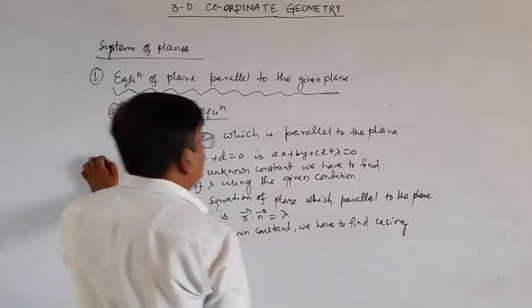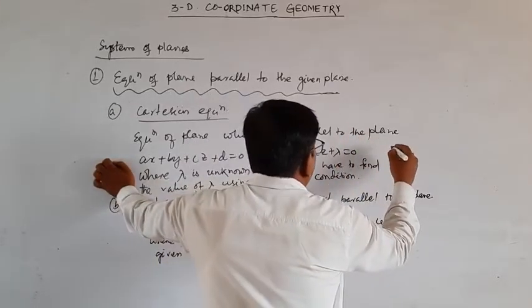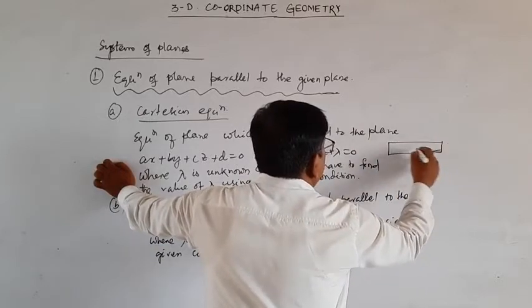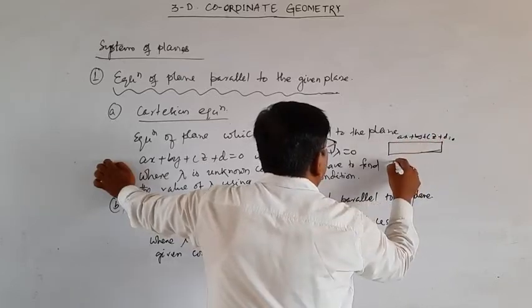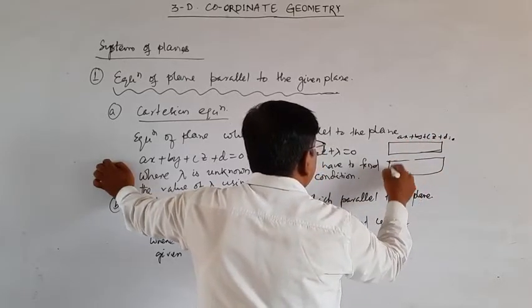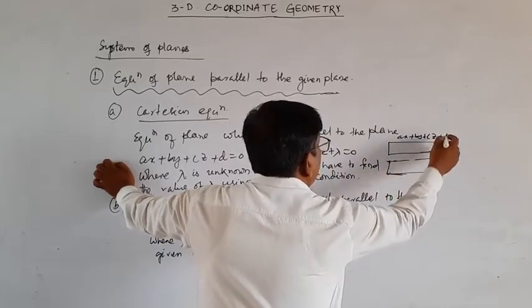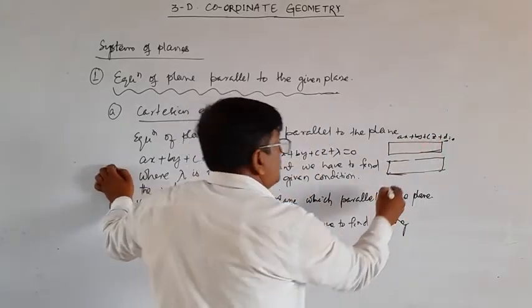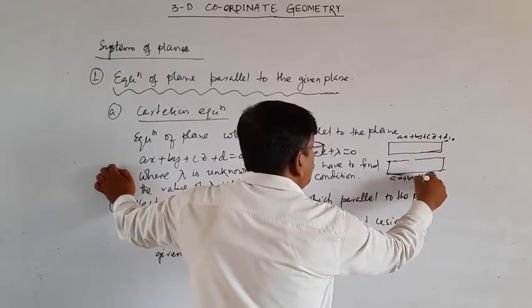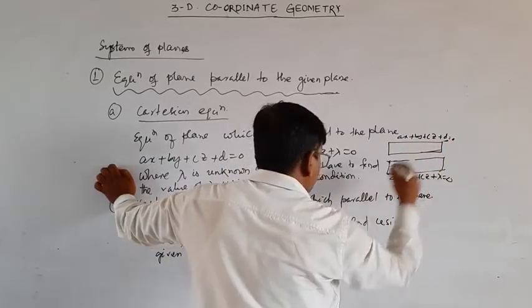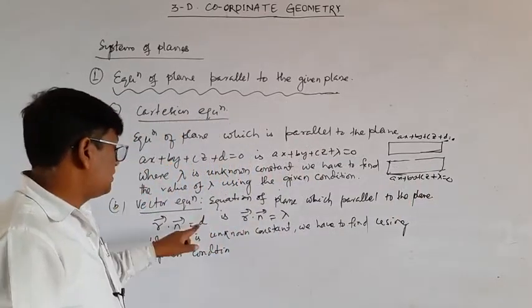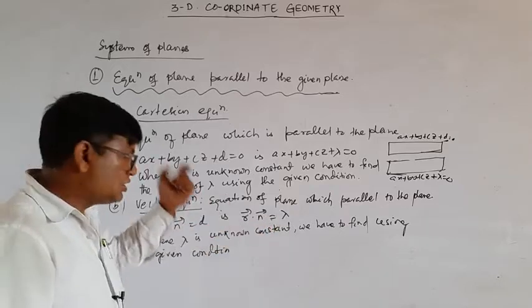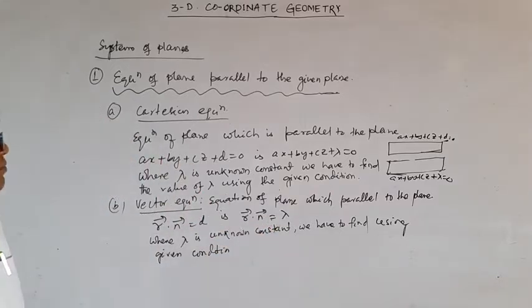So suppose this is the equation of a plane, ax + by + cz + d = 0, and the equation of a plane parallel to this plane has only the constant term changed, so it is ax + by + cz + lambda = 0. In the vector equation, d becomes lambda, only the constant term changes. So now a problem related to this question.